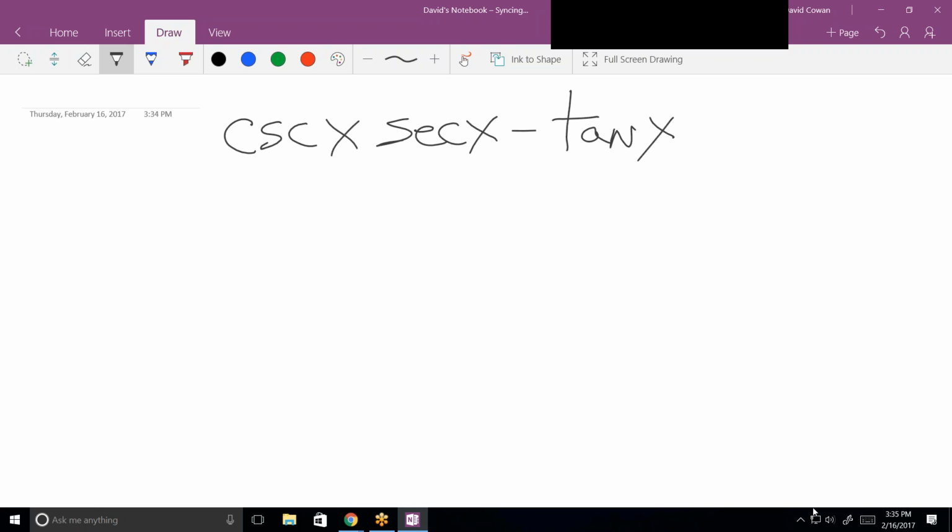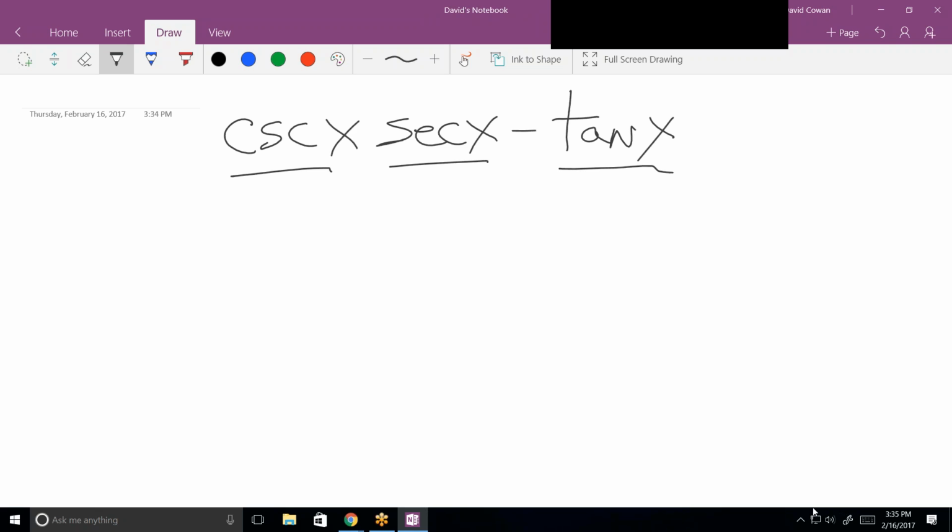But if they just have you simplify an expression, then just turn everything into sines and cosines. I can turn that into sine, that into cosine, and that into sine over cosine. That should allow us to simplify this greatly.